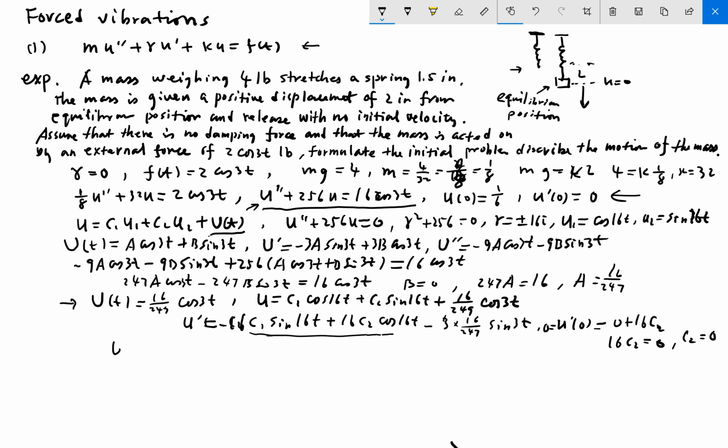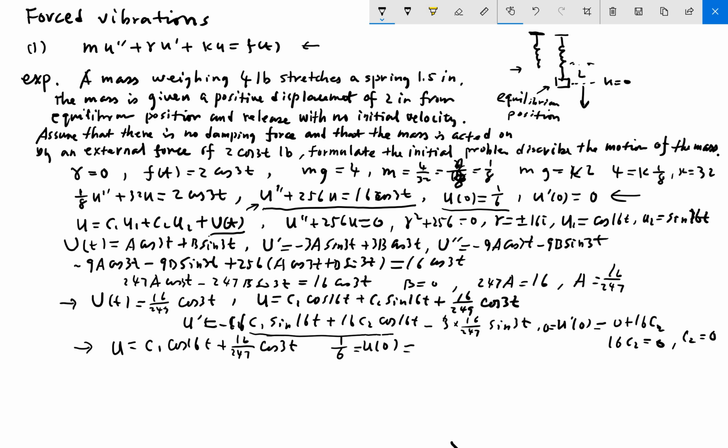Therefore your U here is equal to C1 cosine 16t plus 16 over 247 cosine 3t. Now, let t equal to 0. U0 equals 1 over 6. That's our initial condition here. In this equation, let t equal to 0.